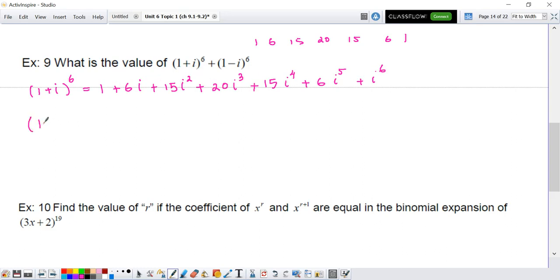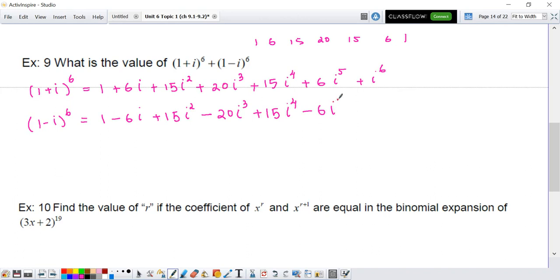Okay, so now 1 minus I to the 6, which is 1. Negative, so that's a negative 6i. Third term is positive, because I square is negative 1, so negative of that is positive. This would be negative, third power, negative. Fourth power, positive again.